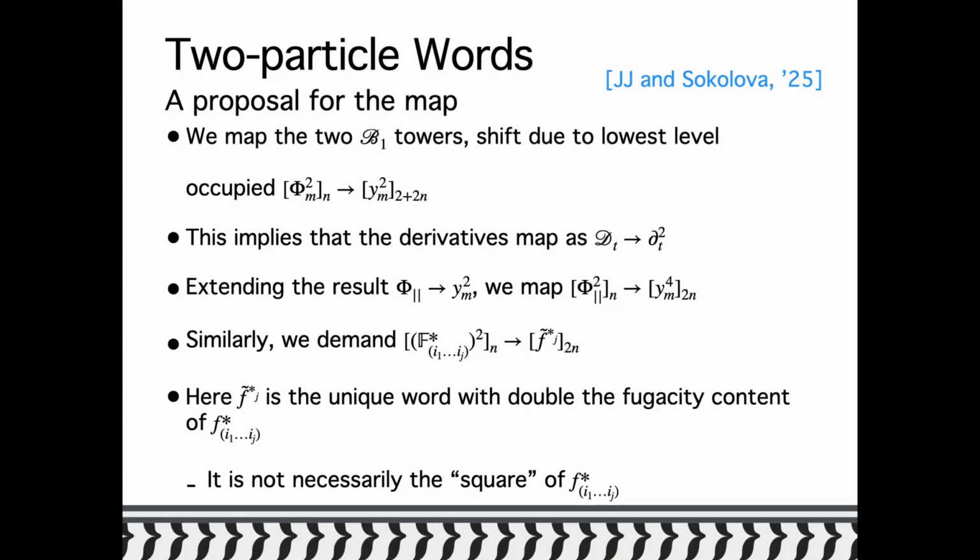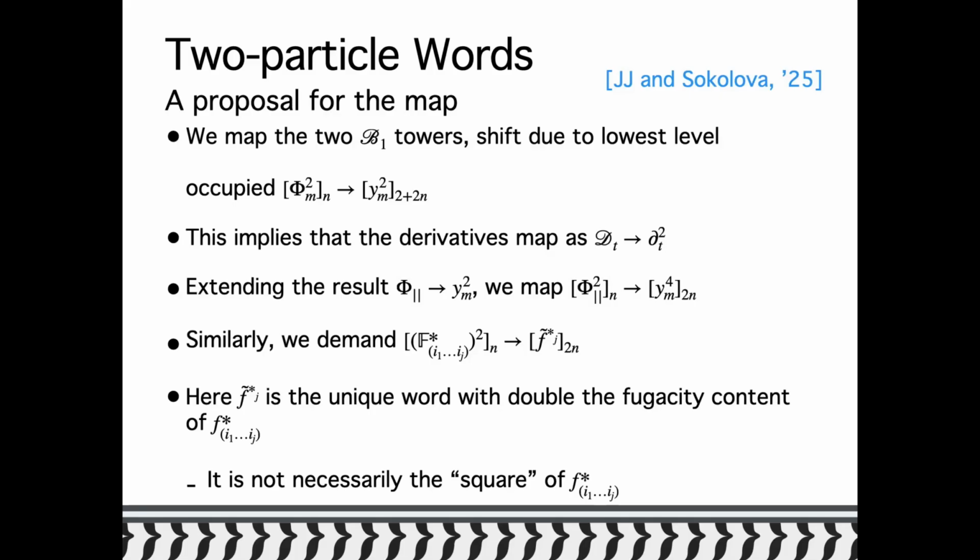But that does not mean that it is the square of that word, because in principle there are multiple linear combinations that could lead to it, so it doesn't necessarily have to be the square of that word, which is why we had to introduce this extra notation.